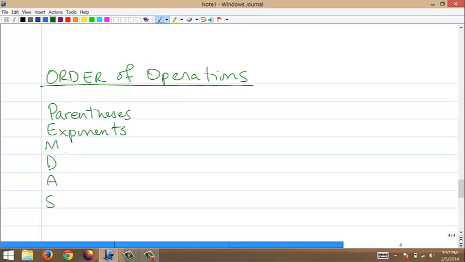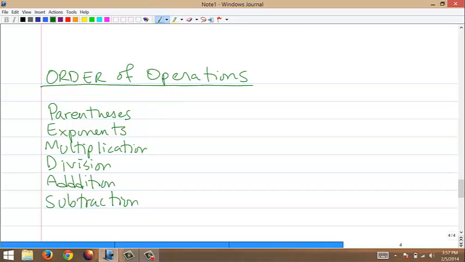exponents, multiplication, division, addition, and subtraction. All right.